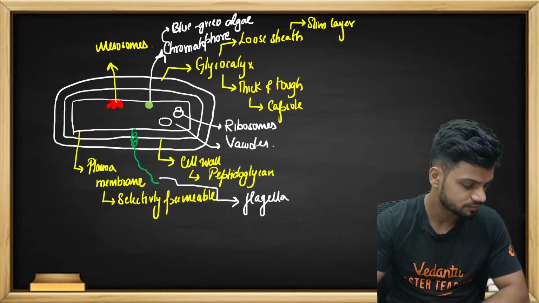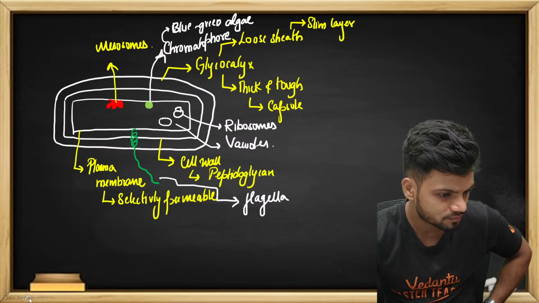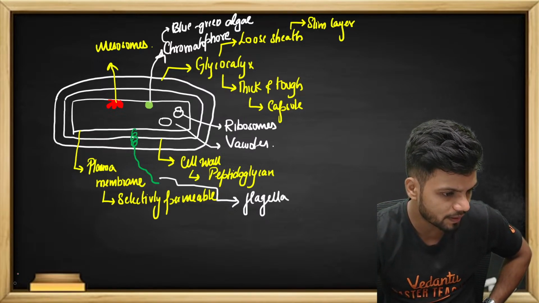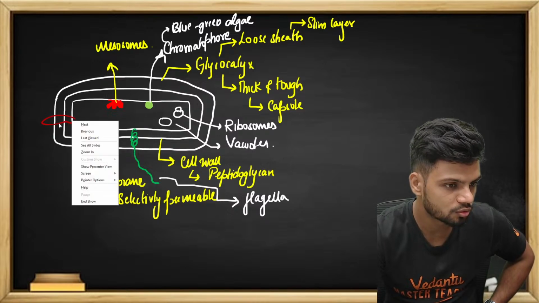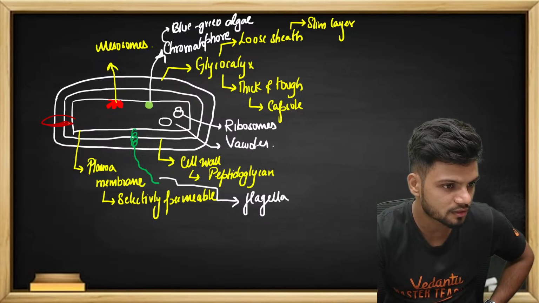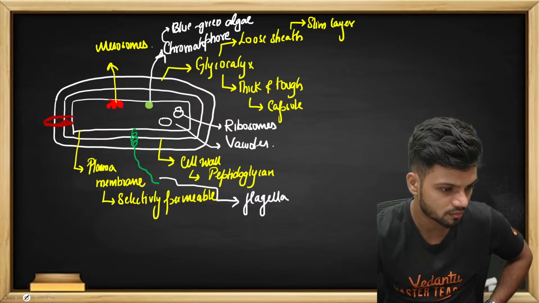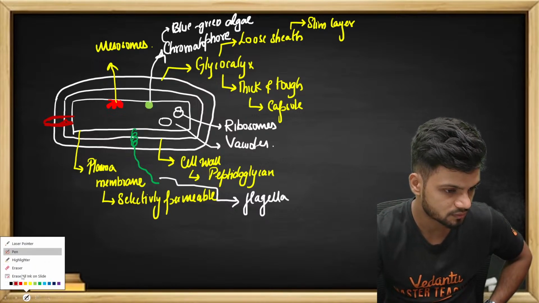Now, apart from flagella, there are two other appendages coming out from the body of the cell.